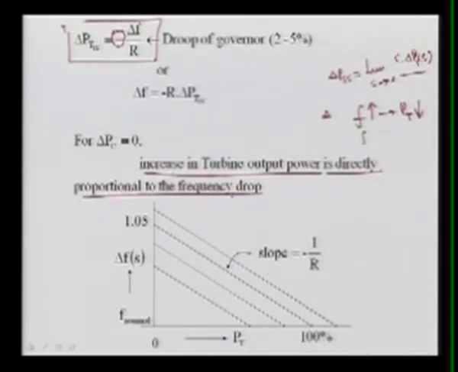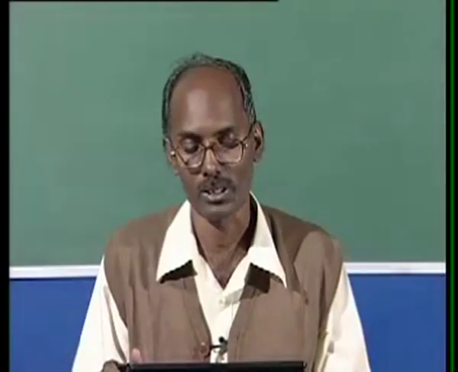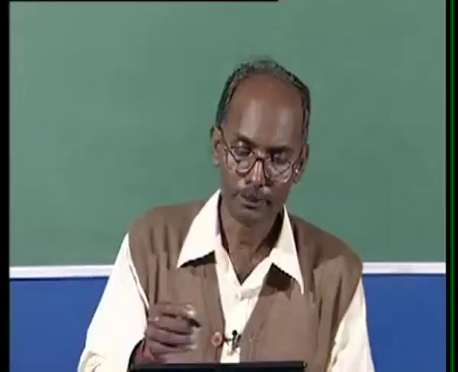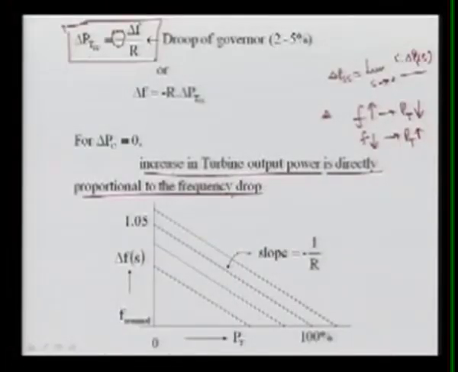Or if the frequency is reducing, then turbine power must increase to compensate the remaining energy, and therefore we can maintain the system frequency. In this expression, you can see R is appearing as 1 over R, and it is called the droop of the governor.